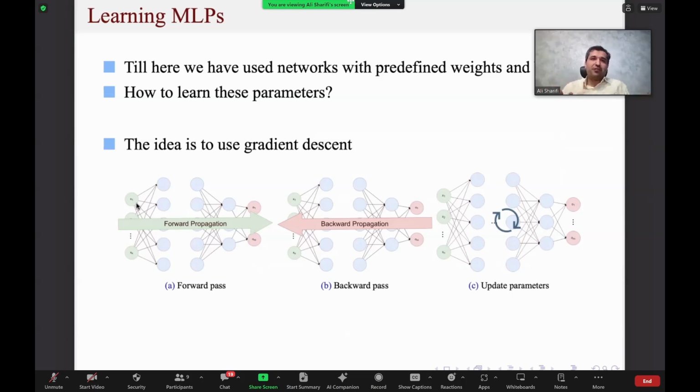We, for example, choose 60% of the data for training, 10% for validation, and the remaining 30% for test. Based on the 60%, we choose some architecture and update the weights. Based on the remaining 10%, which is called validation data, we evaluate the performance.